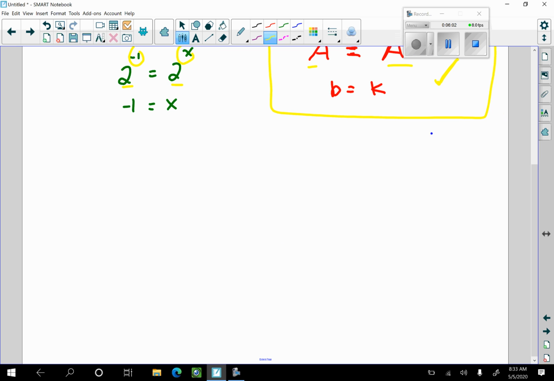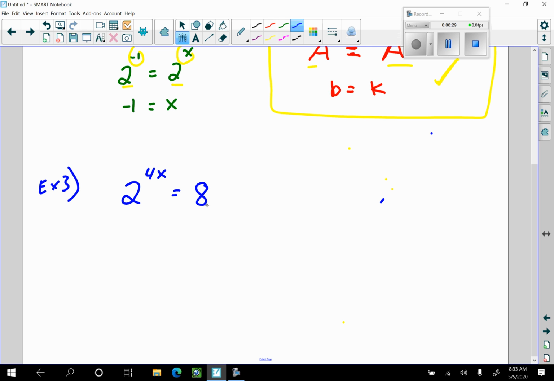Okay, let's do another example. Let's do a little bit trickier one. This is example 3. All I'm going to do in this video is go over several examples. This is going to help you with one of the IXLs that will be assigned. So again, what will be my like base?